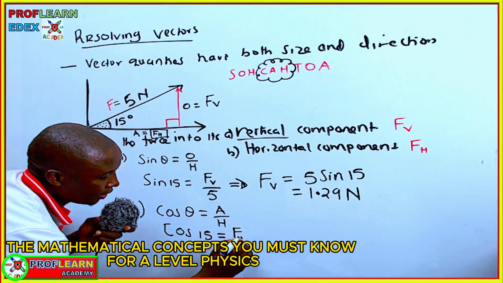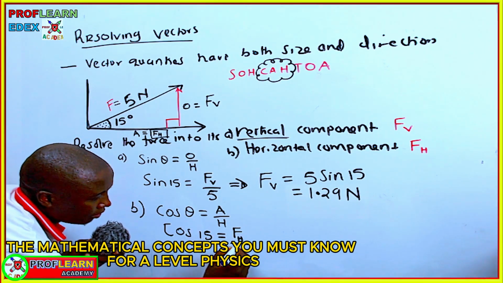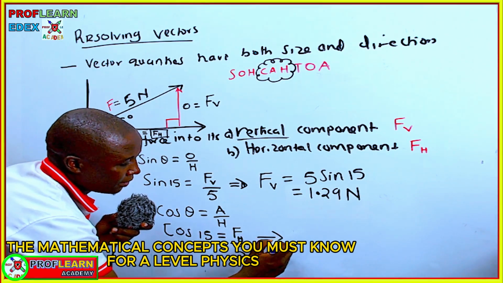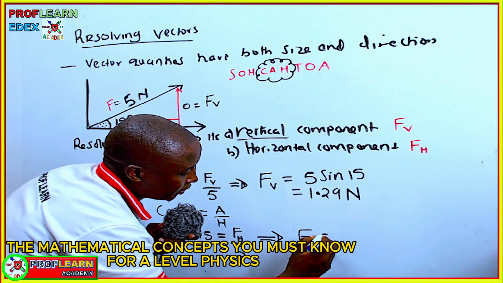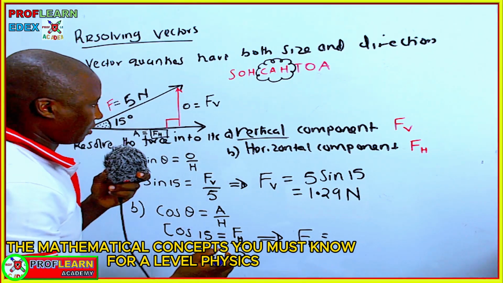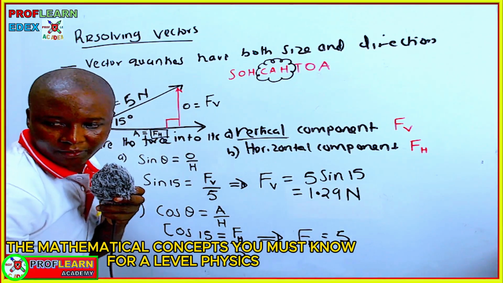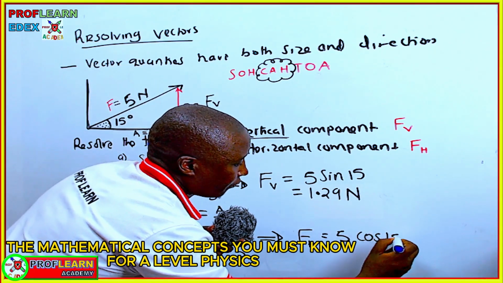Now our adjacent is the force F in the horizontal direction, so we can say F subscript H over 5, which is the hypotenuse. So this can be rearranged, and we are going to have FH is equivalent to 5 cos 15.